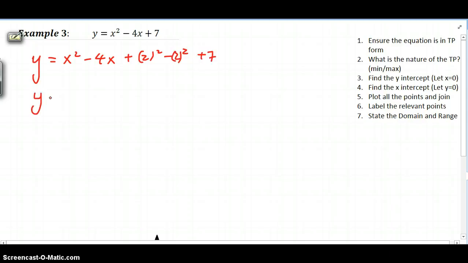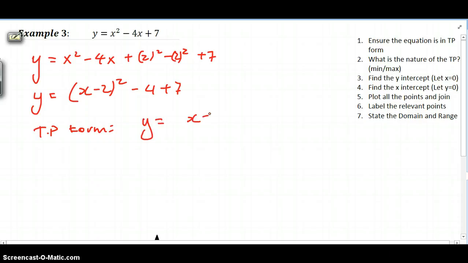So this becomes y equals (x - 2) squared minus 4 plus 7, and so therefore your turning point form is y equals (x - 2) squared plus 3.